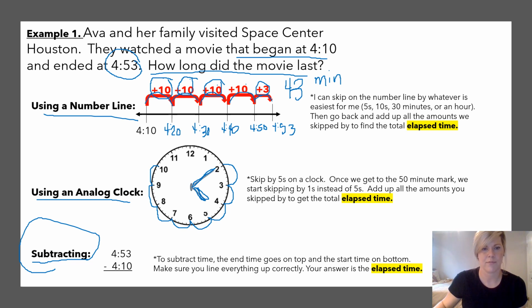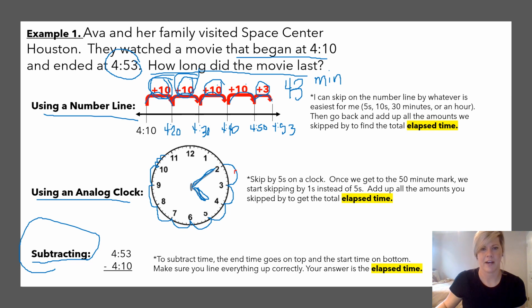I know I can't jump 5 because that would be too much. I need to just skip by 1s now. So that would be 51, 52, 53. And then you go back and same thing we did up here. We added up all the times we skipped by up here. Now we're going to count what we skipped by down here.